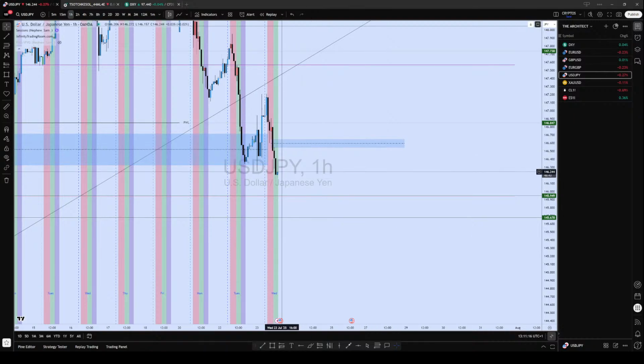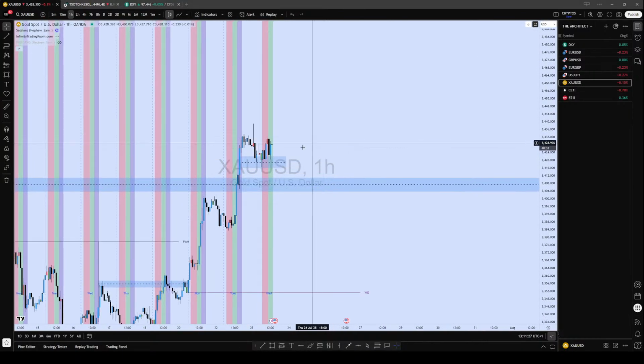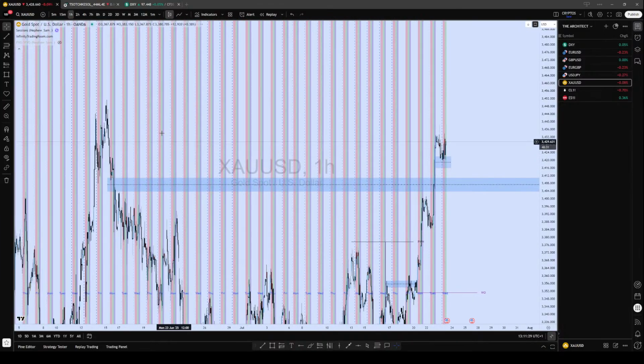So dollar yen, watch here for these two downside objectives: 145.94, 145.67.